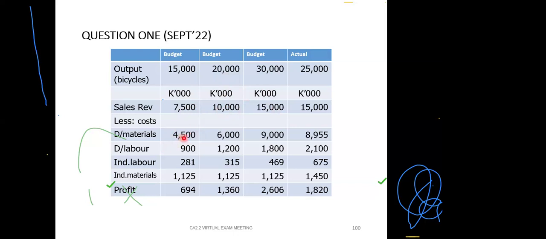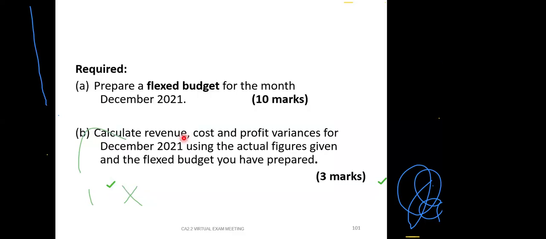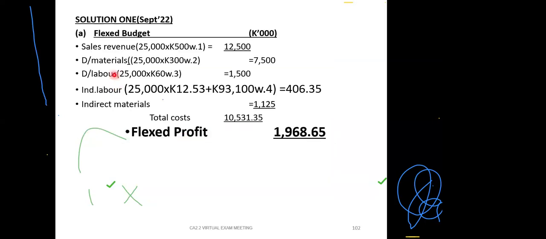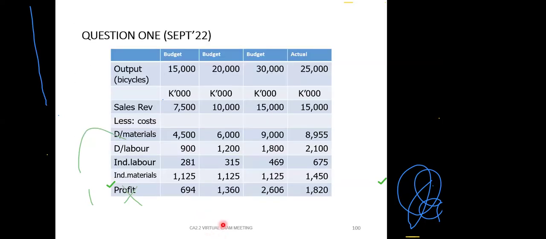Similarly this. So fast track, if I take you to the way I tested, prepare a flex budget for the month of December 2021. So you test. When I divided the sales price, I was getting a constant 500. For materials, when I divided 4.5 by 15, 6,000 by 20, 9 million by 30,000, I was getting 300.